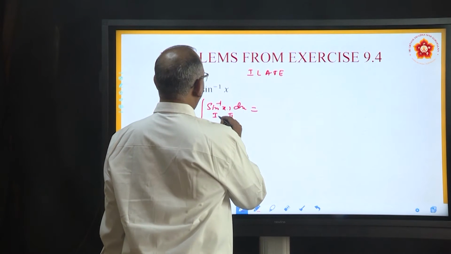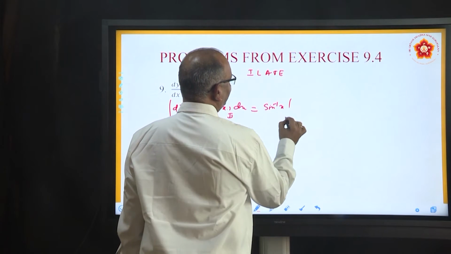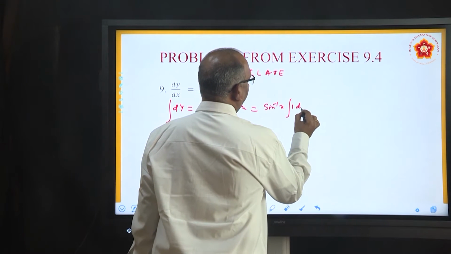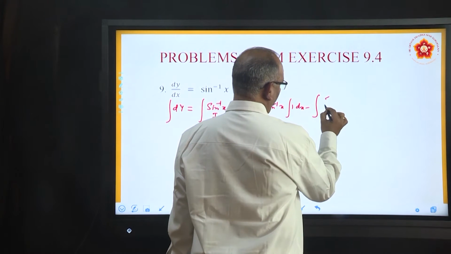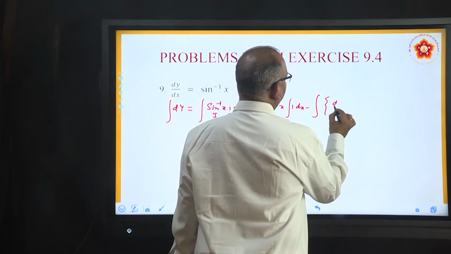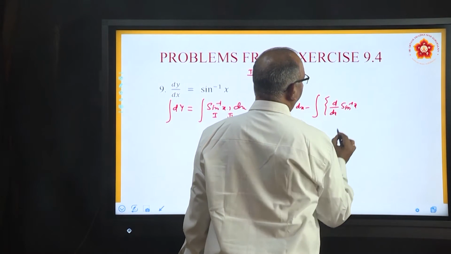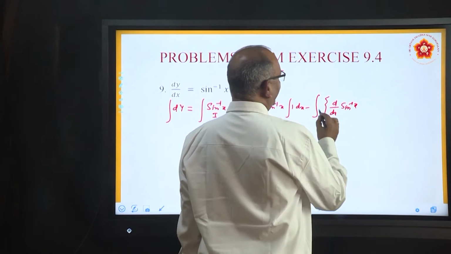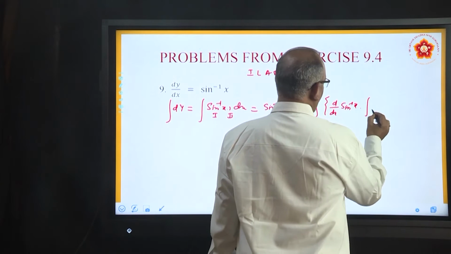First function, that is sin inverse x, integral of second, that is 1 dx, minus integral of d by dx of the first function, sin inverse x, into integral of 1 dx.